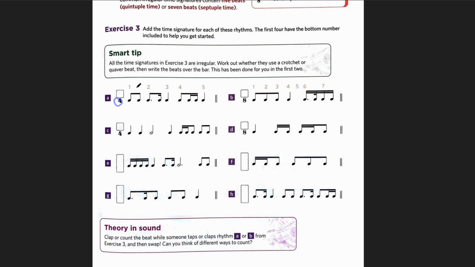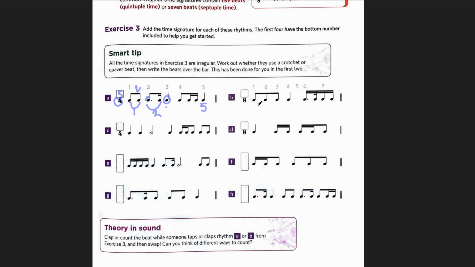So this is a quaver. So 1, 2, 3, 4, 5. So that is 5/4.